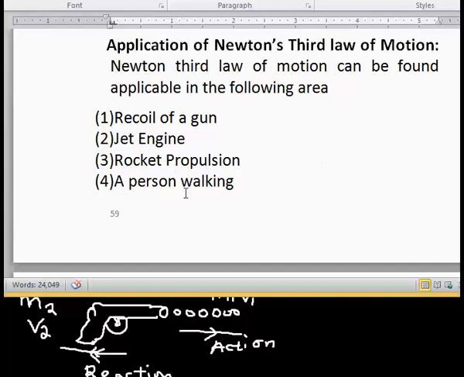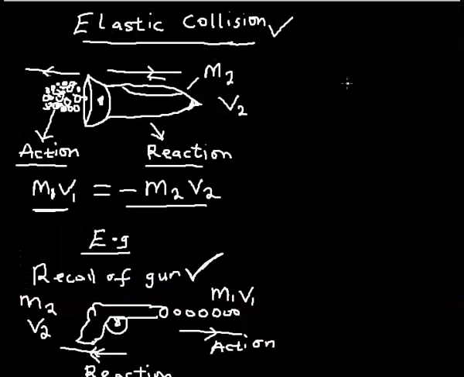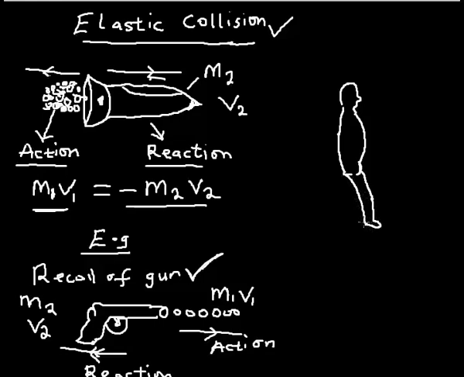All right, now a person walking. How do you walk? Walking is another application of Newton's third law. Say someone is trying to walk. For you to walk, you have to take a step. How do you take that step? One of your legs presses on the ground.